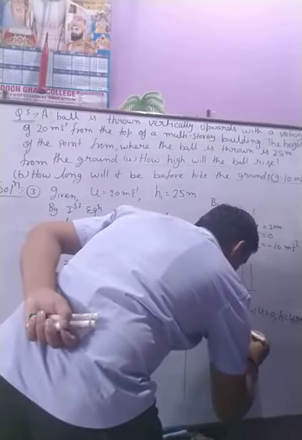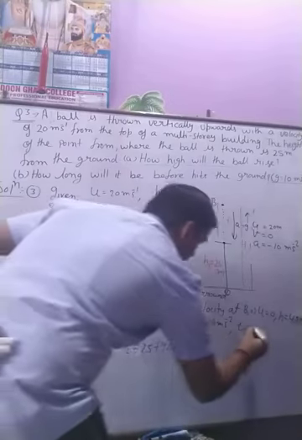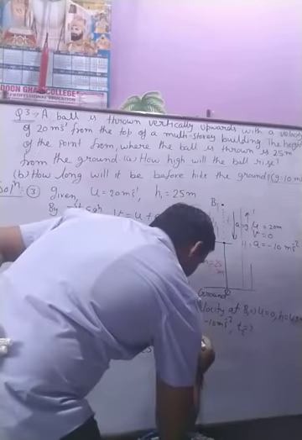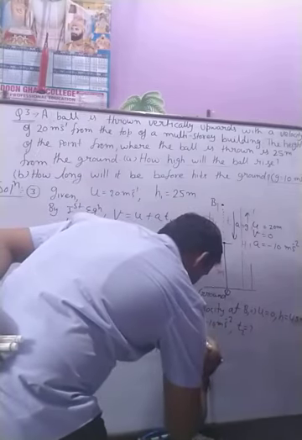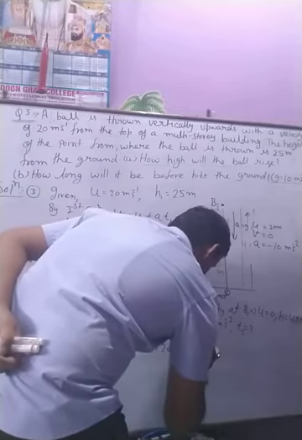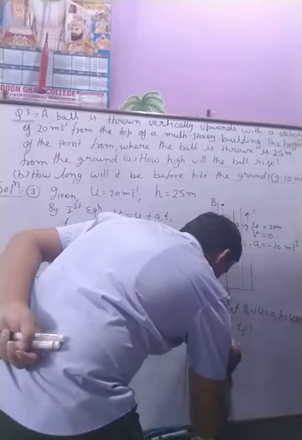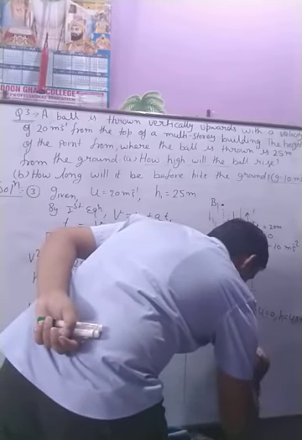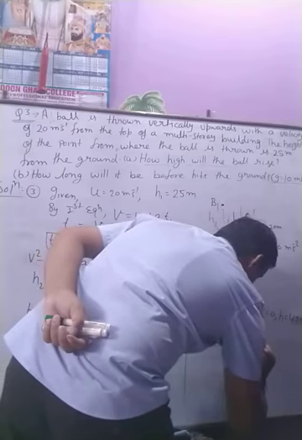Therefore by the second equation we have S, or we say H, is equal to ut plus half at square.